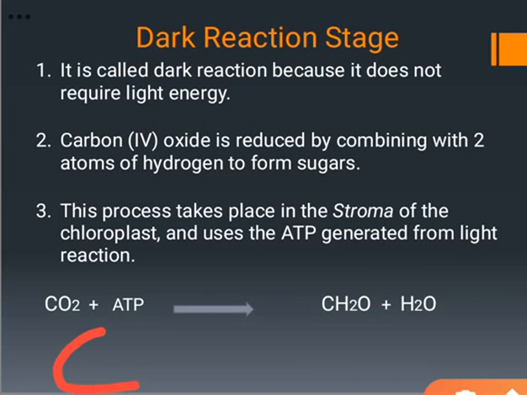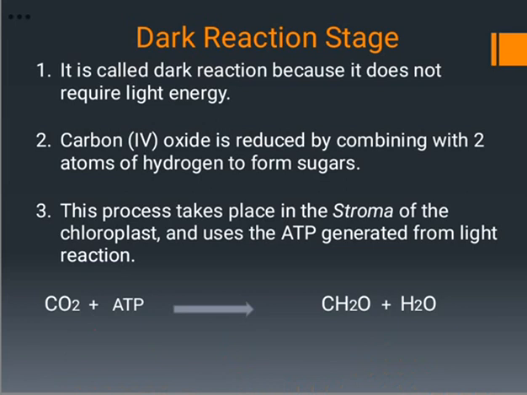When it is 1 unit of carbon, you have 2 units of hydrogen and you have 1 unit of oxygen. So when we translate that down here, you see that when it is 6 atoms of carbon, you will now have times 2 of that. You have 12 atoms of hydrogen and 6 atoms of oxygen.